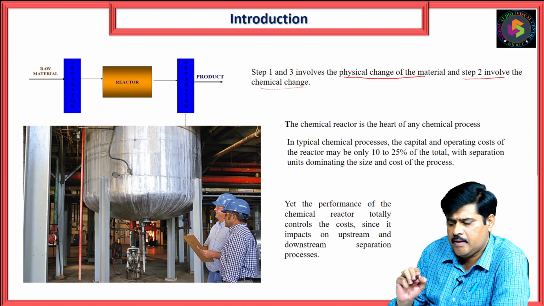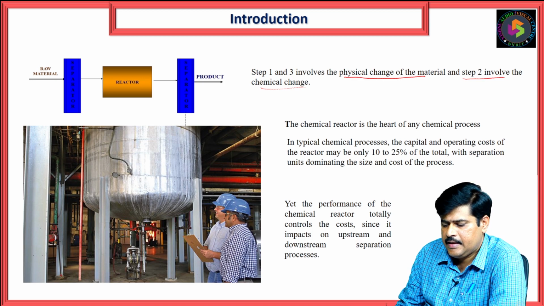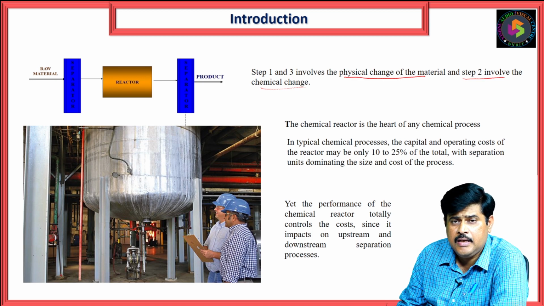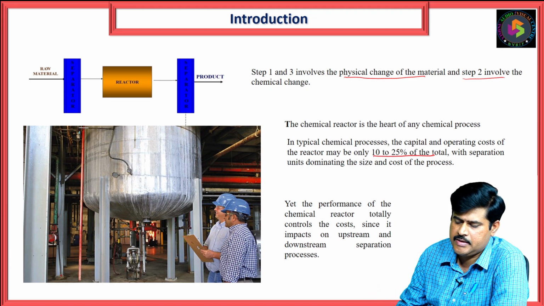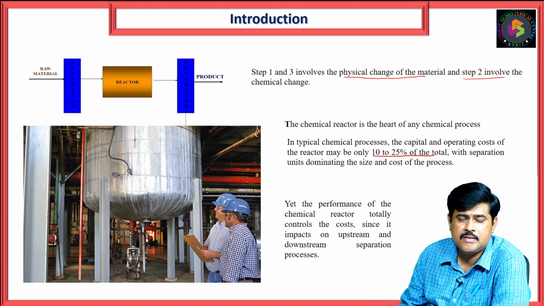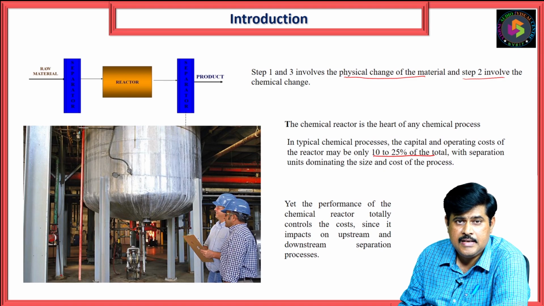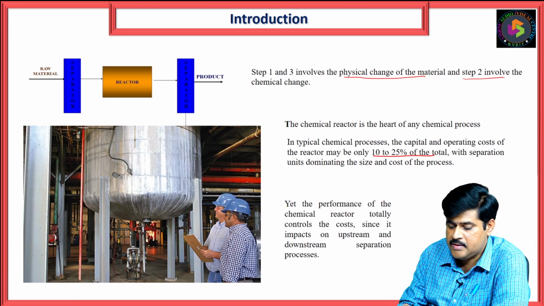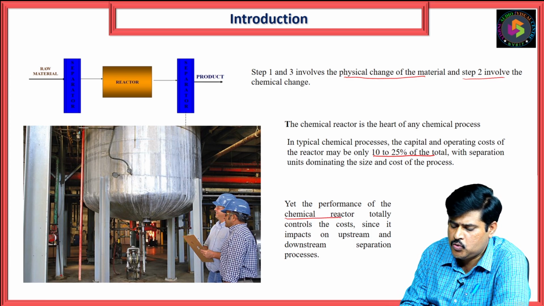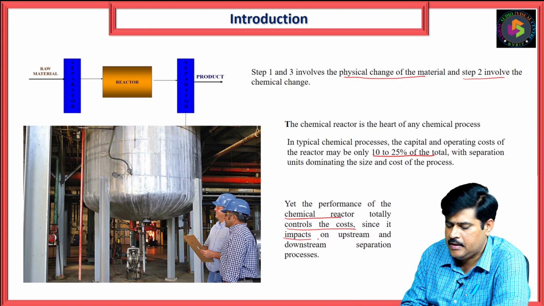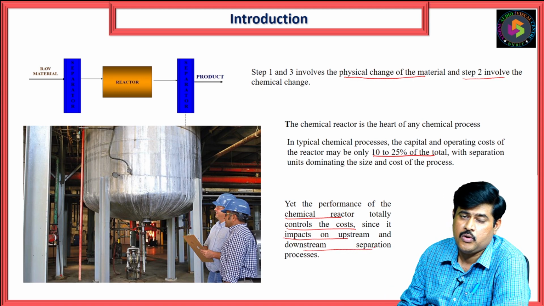In a typical chemical process, the capital and operating cost of any reactor is mainly 10 to 25% of the total cost. Whereas the remaining cost mainly goes for the separation process, that is step 1 and step 3. Yet, the performance of the chemical reactor is very, very important because it totally controls the cost. That means it mainly impacts on the upstream and downstream separation processes.